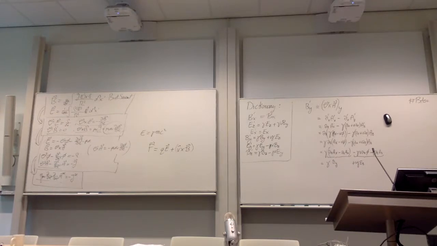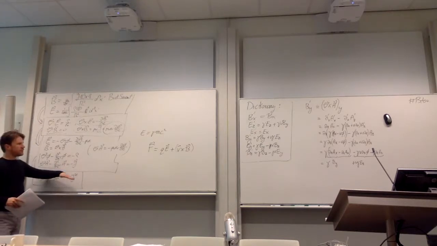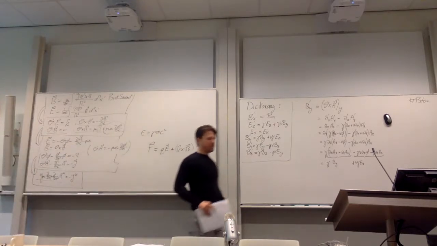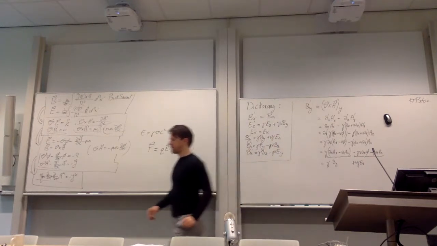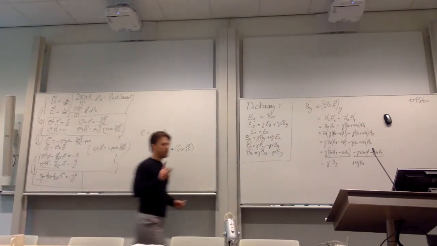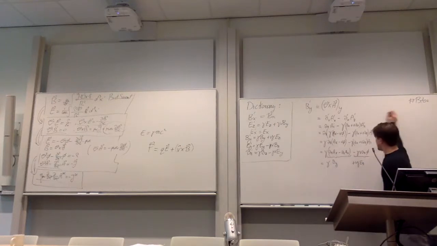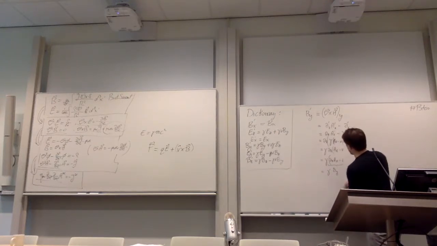I'm going to make a claim. I would like to see if you can prove that. We now have all of this applied to the electric fields and the magnetic fields. I'm going to introduce a new thing. It's called a tensor.